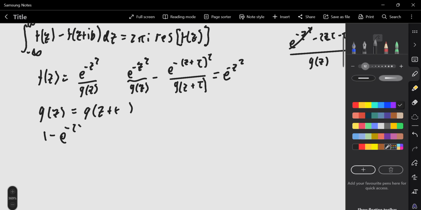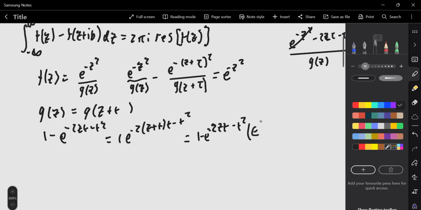E to the minus 2zt minus t squared equals 1 minus e to the minus 2 times z plus t, of t minus t squared, which is going to give us 1 minus e to the minus 2zt minus t squared times e to the minus 2t squared, right?